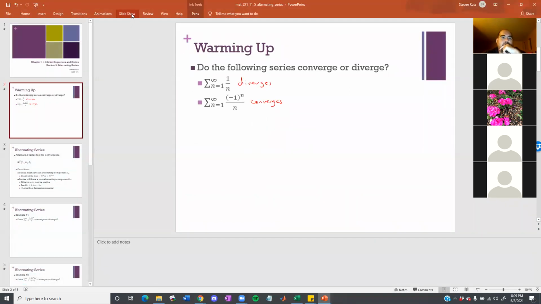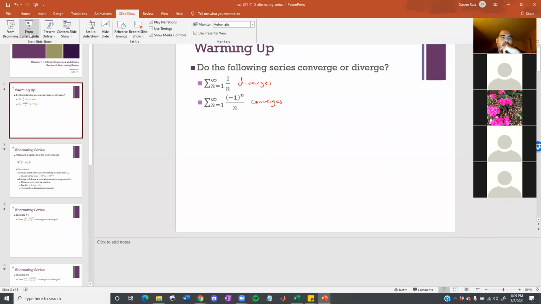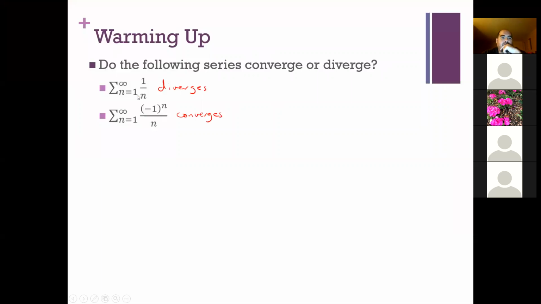So let's talk about why. Based on the graph we just looked at, why does this top series diverge while the bottom series converges?